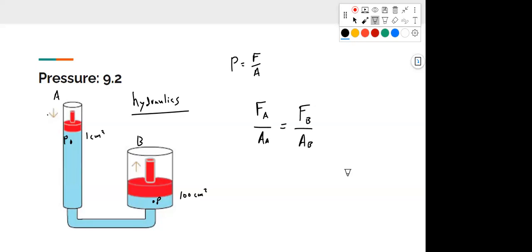So if this area AB is 100 times bigger, that means that the force FB also has to be 100 times bigger, right?